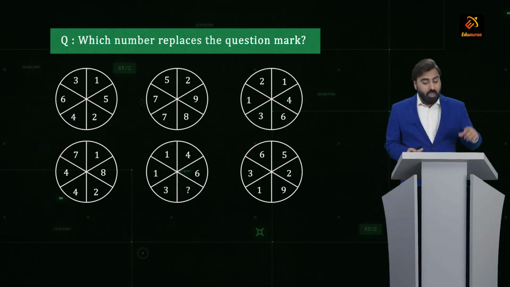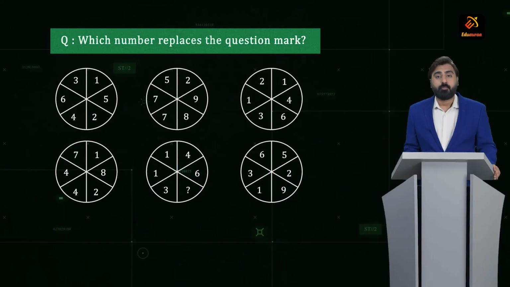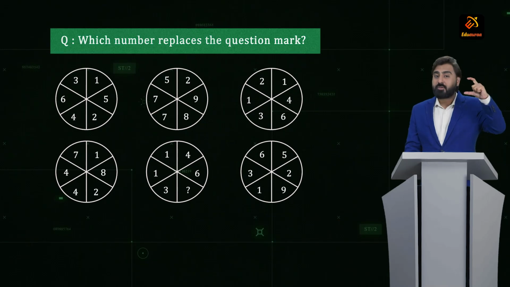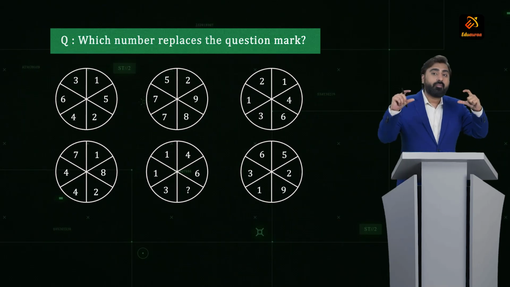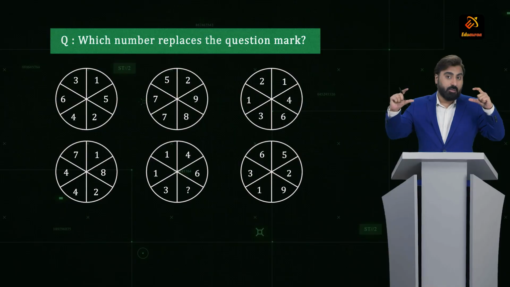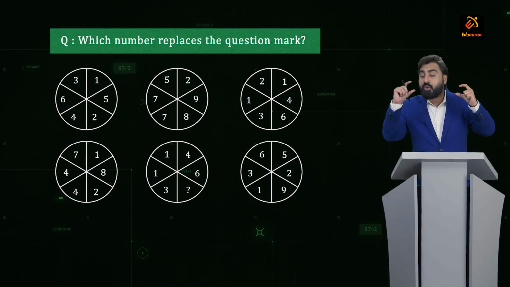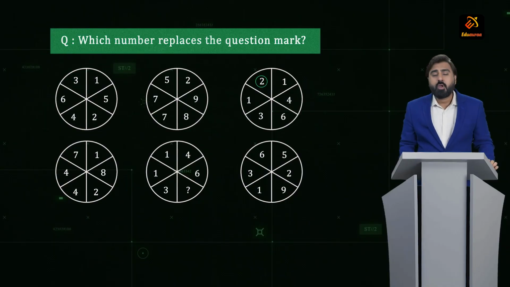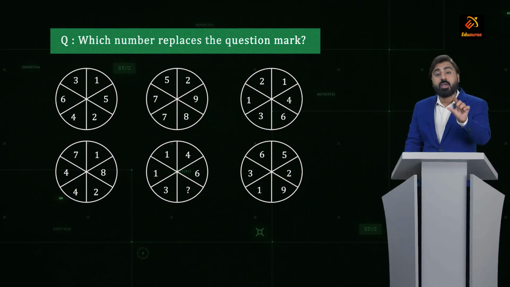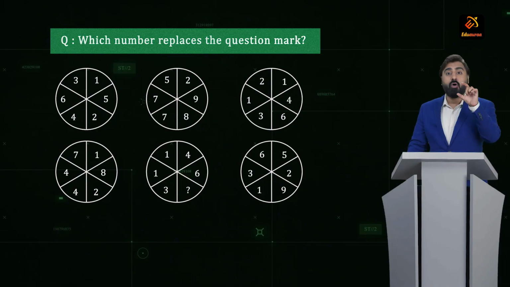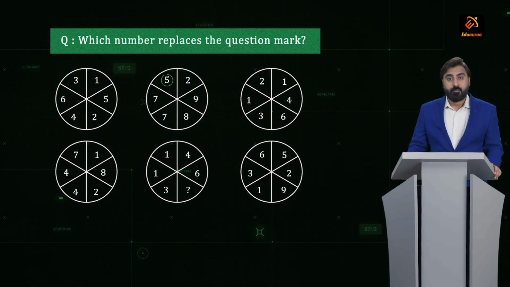Now students, if you see this diagram properly, consider the top left circle and top right circle. There is number 3 in that top left circle. There is number 2 in that top right circle. What is the addition of 3 and 2? That is the number in the center circle of the top, which is 5.